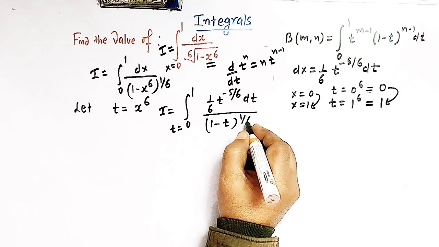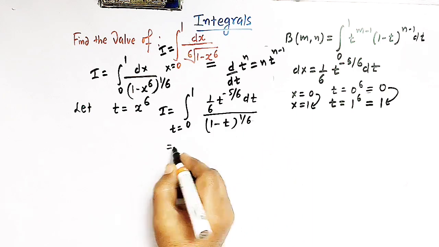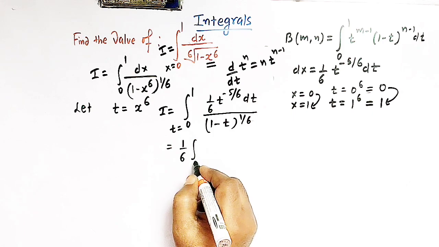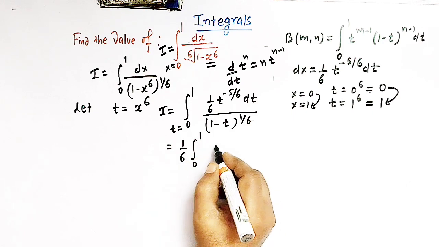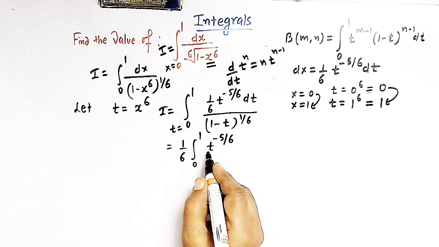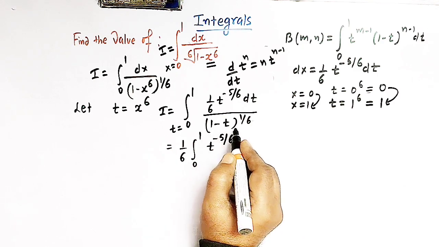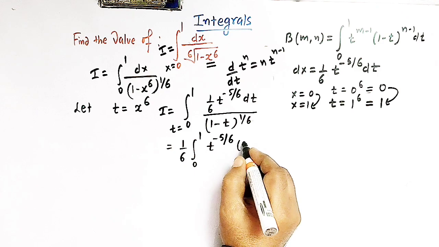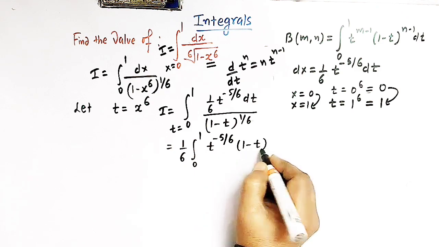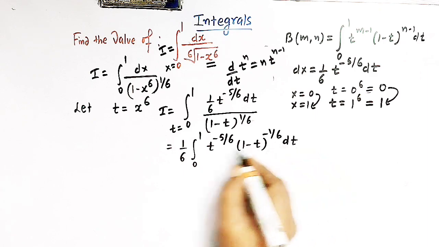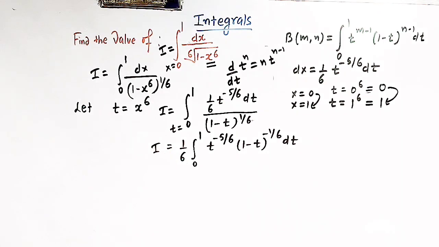So now taking 1 over 6 outside the integral, we have 0 to 1, t raised to minus 5 over 6, and taking 1 minus t raised to 1 over 6 to the numerator, we can now write 1 minus t raised to minus 1 over 6 dt.